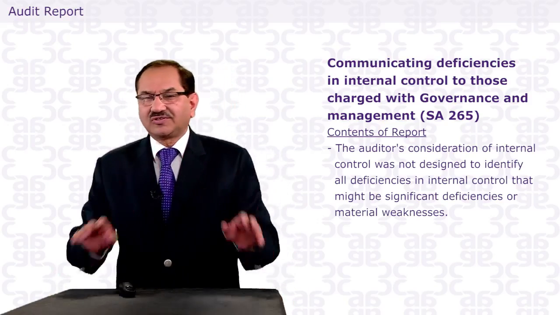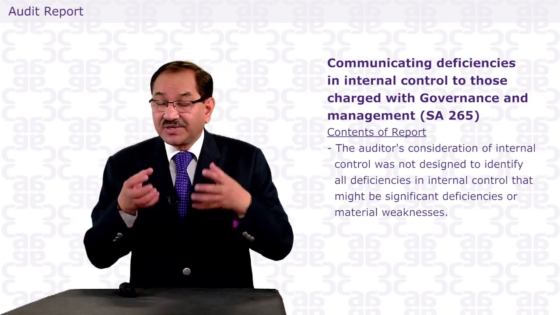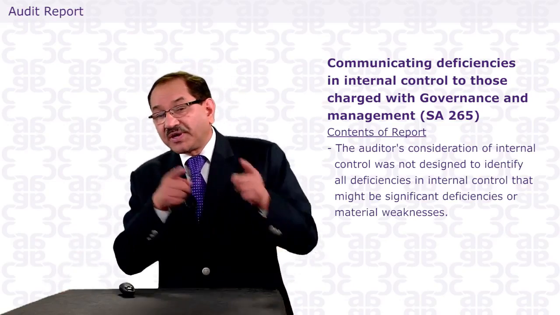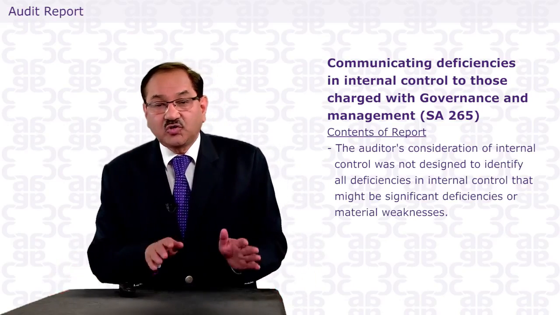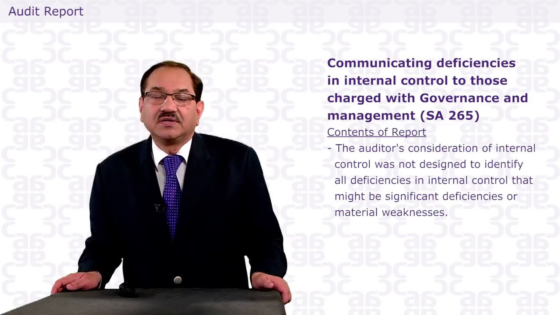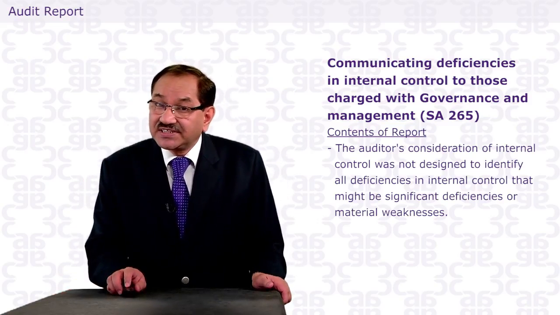Our audit process was not designed to detect such deficiencies. But in the process designed for expressing an opinion on the true and fairness of the financial statements, we came to know these significant deficiencies. So that should be expressly written in this letter.